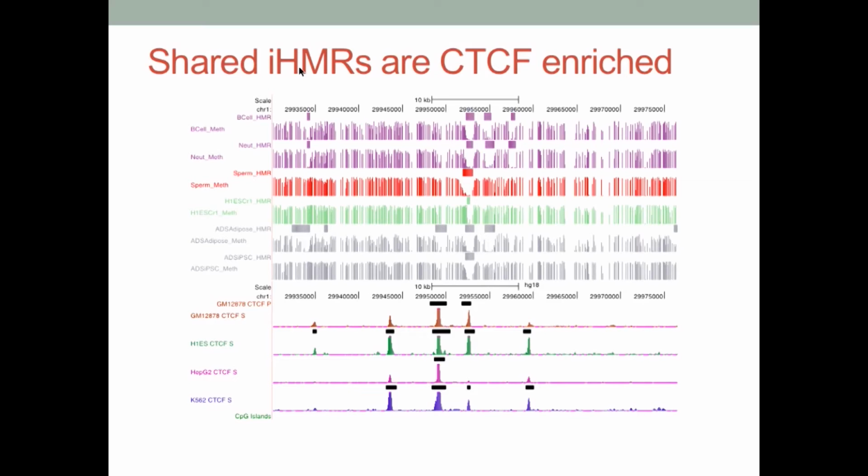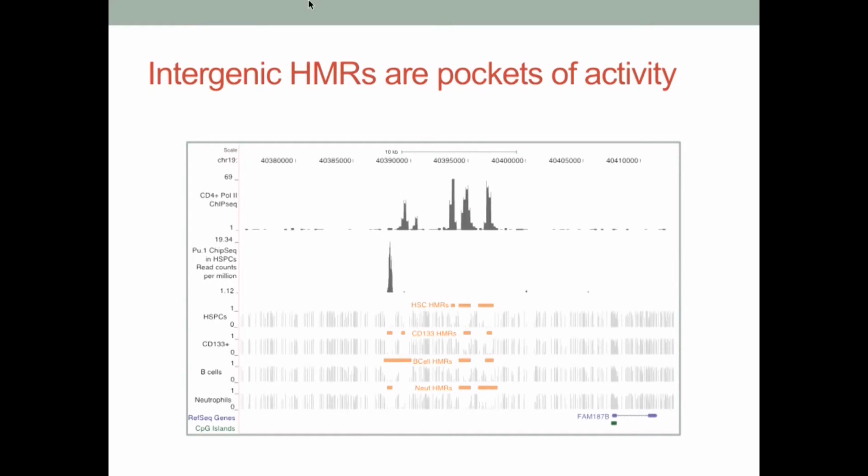Another thing that's interesting is that this is ChIP-seq data from POL2 and PU.1, which is actually a B-cell specific transcription factor. What you can see is that in this intergenic cluster of HMRs, you see more hypomethylation in B cells, and this coincides with where this transcription factor is binding.